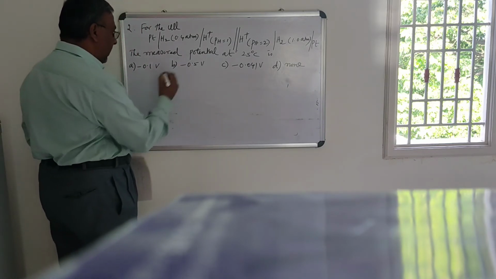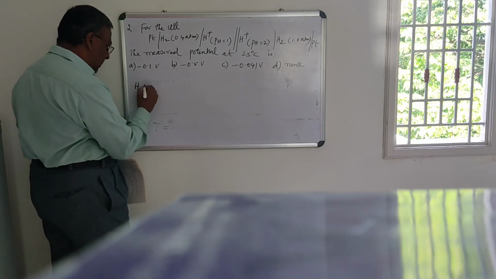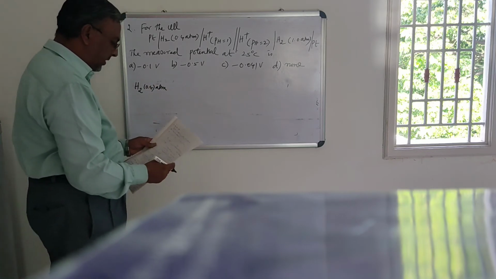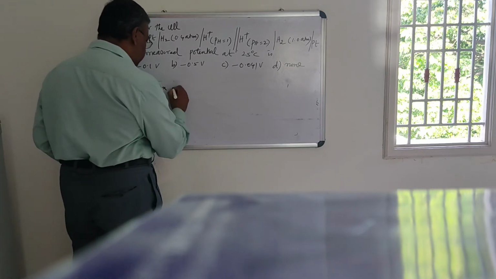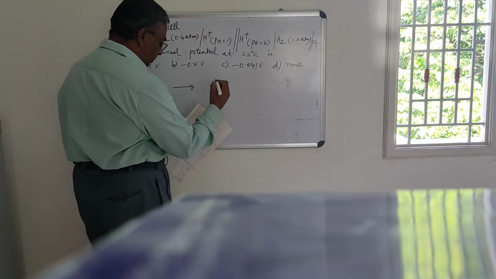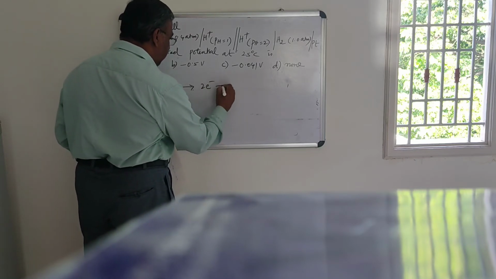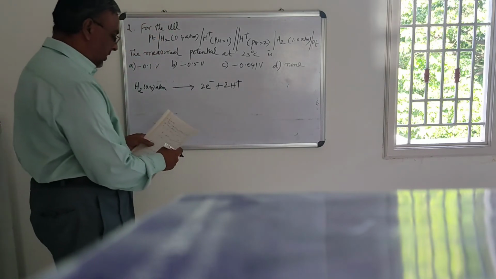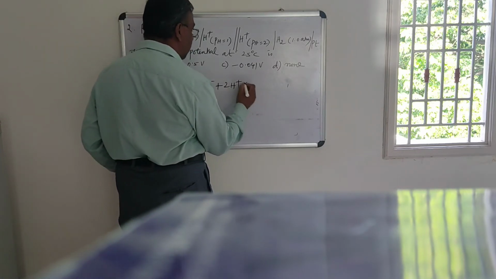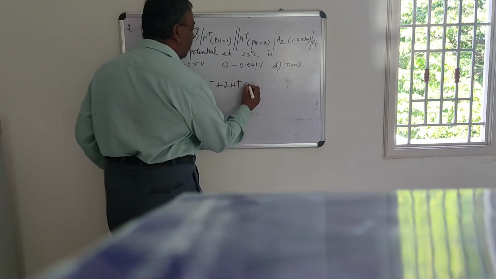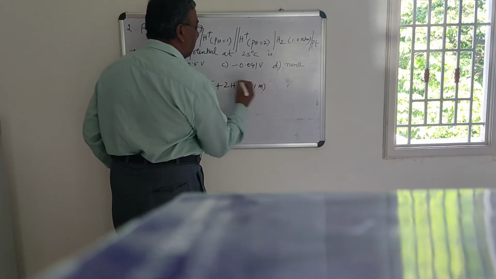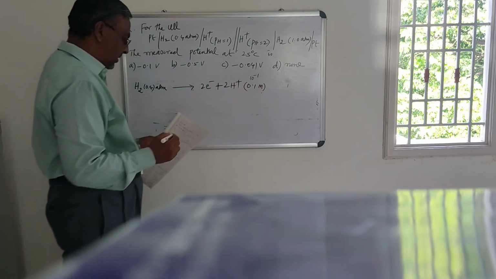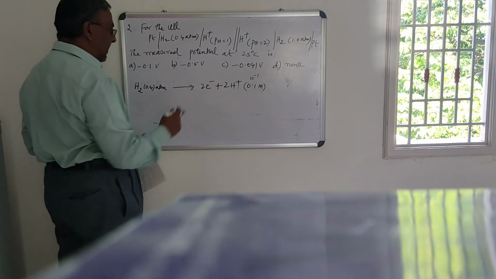Hydrogen of 0.4 atmosphere pressure gives 2 electrons to give H plus, whose concentration is 0.1 molar, that is 10 to the power of minus 1. This is the oxidation reaction.